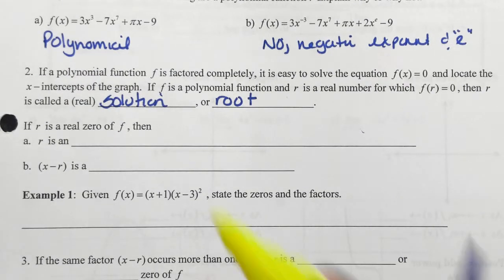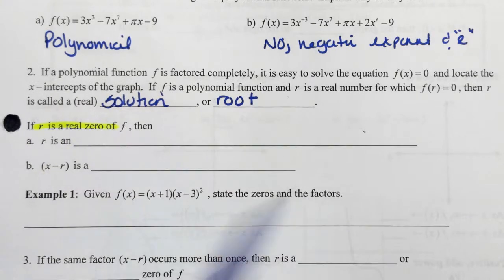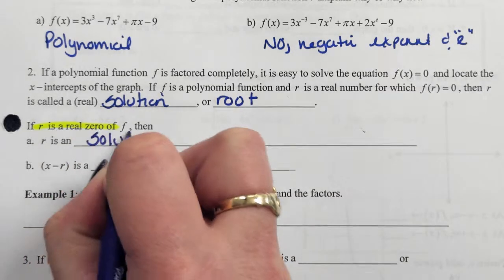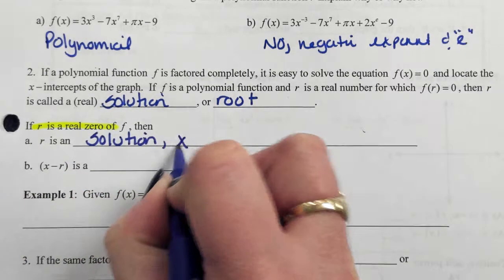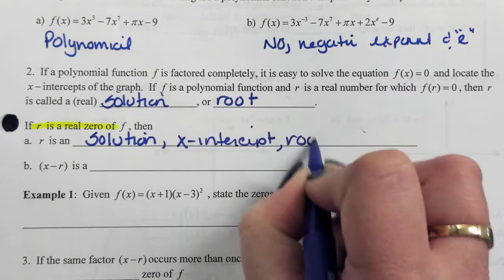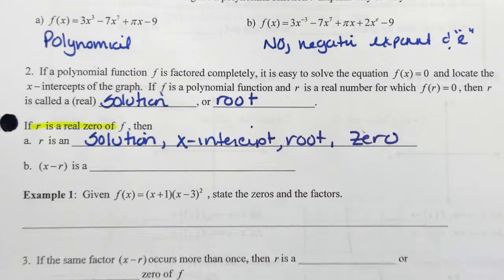So if you have a solution that is a real 0, then remember we have several names we can use to describe that solution. We could call it a solution, an x-intercept, root, or 0.